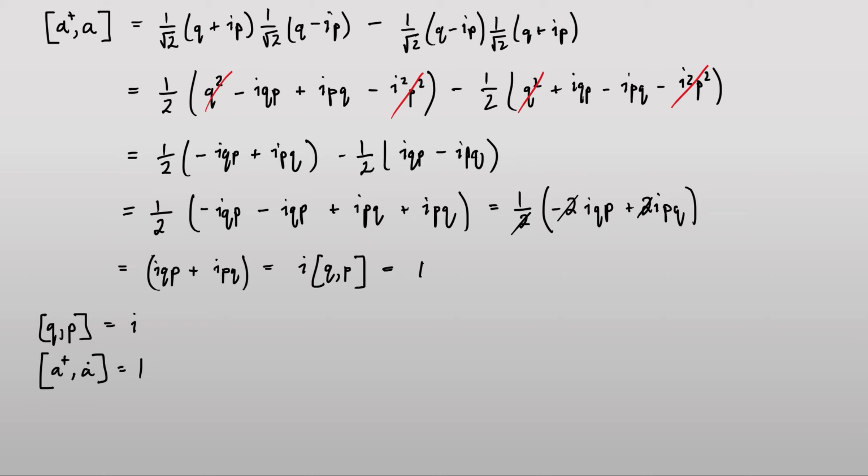Okay, I'm realizing now that this video is getting kind of long, so maybe in the next video we'll go over how these guys are related to our Hamiltonian. Right, and we're going to find that our Hamiltonian forms an algebra with our A daggers, and it forms an algebra also with our annihilation operators.